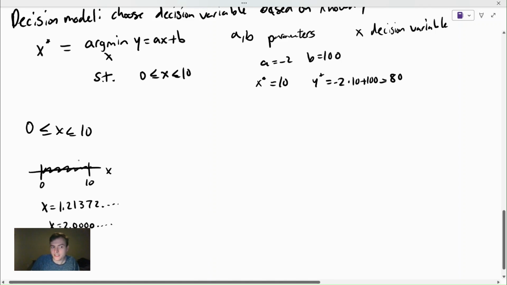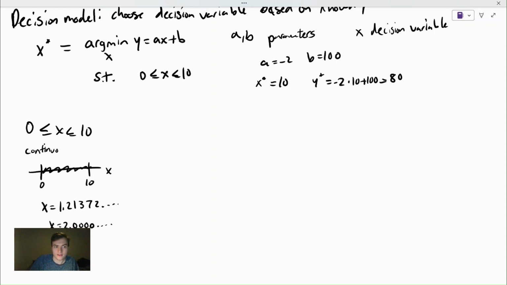There are infinitely many values between 0 and 10 that x could take. So we call this a continuous variable, because the range of the variable is continuous and it's bounded. As we were talking about before, it has to be between 0 and 10. Negative infinity and infinity are not possible.